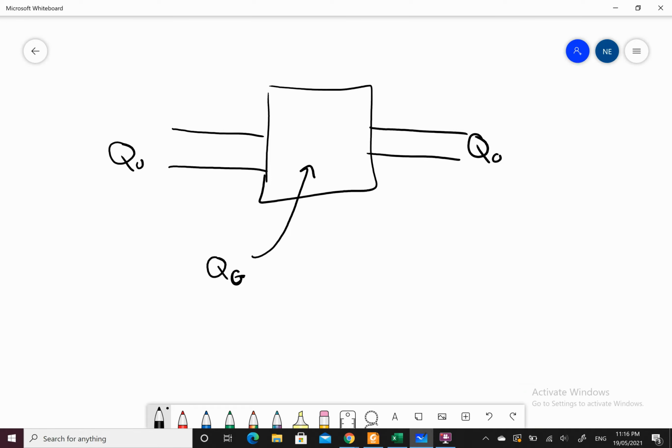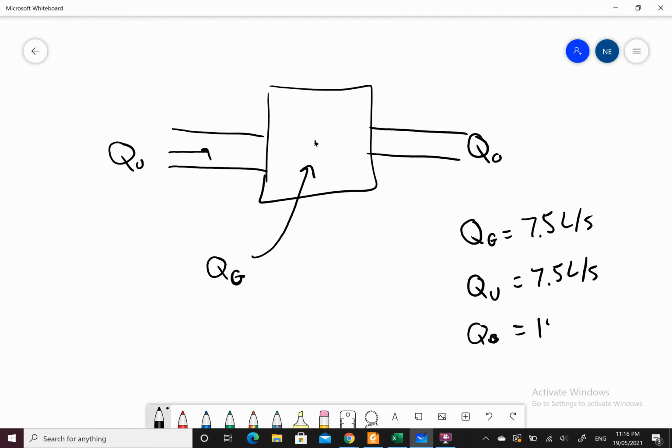Let's use, say, QG equal to 7.5 liters per second, QU equal to 7.5 liters per second. So 7.5 liters per second coming into the top of the pit, 7.5 coming in from upstream, which means what's coming out, Q0, is equal to 15 liters per second.